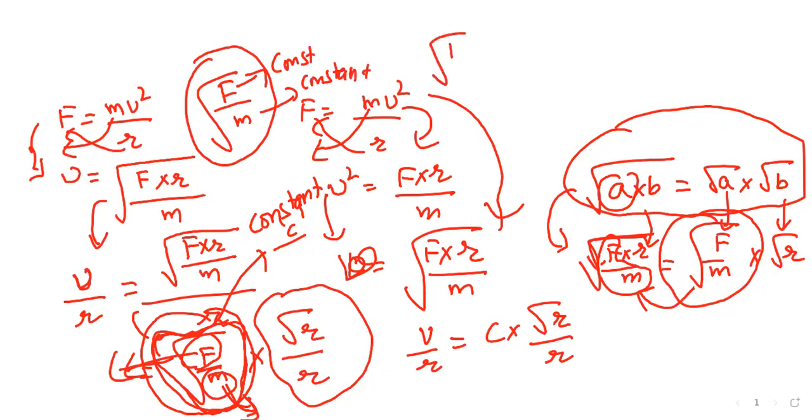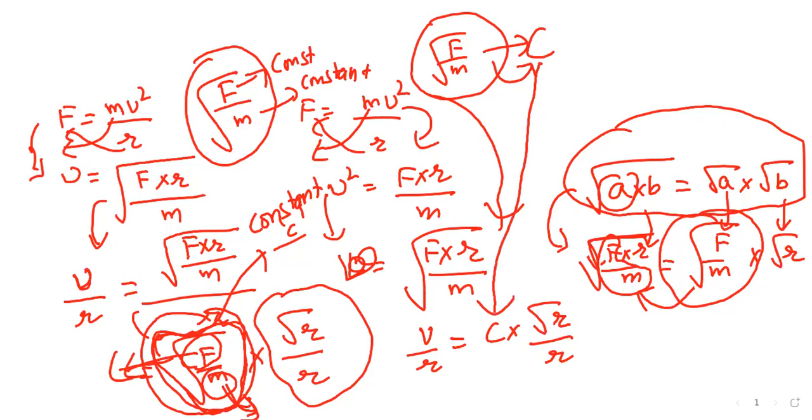So the square root of F over m is also going to be constant. This is a constant value, and I'm going to call it C. So that's what I'm substituting here: the C over here times the square root of r over r.